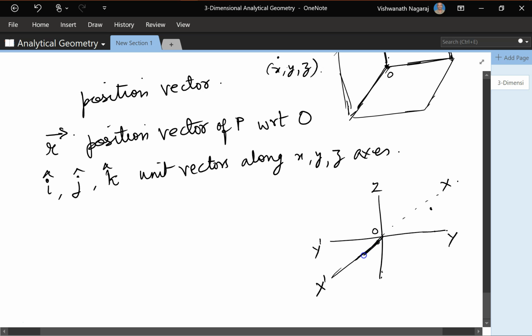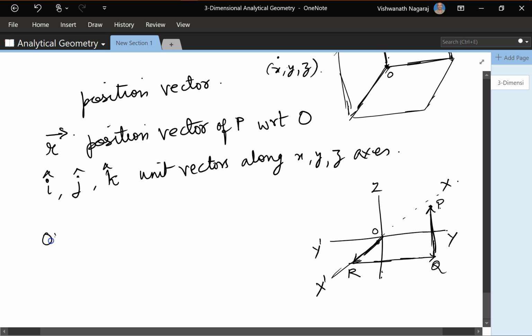So here we are going in the X direction some distance, and then from there we are going some distance in this direction, and then some distance we are going in this direction, right? So in X, Y and Z directions we are going, and this is the point. So let's give some names to these points. Let's say this is R, this is Q, and this is point P.